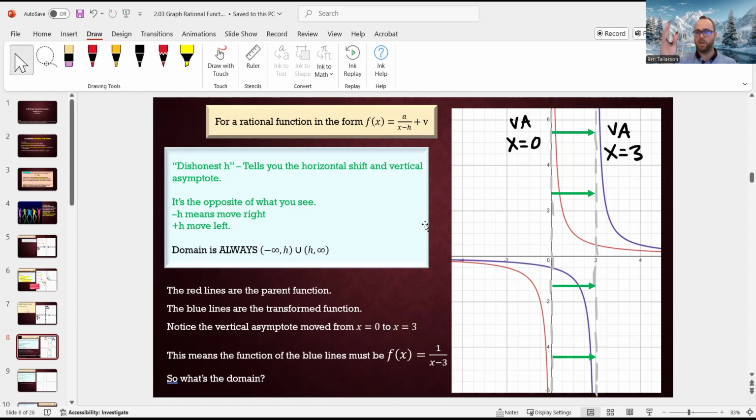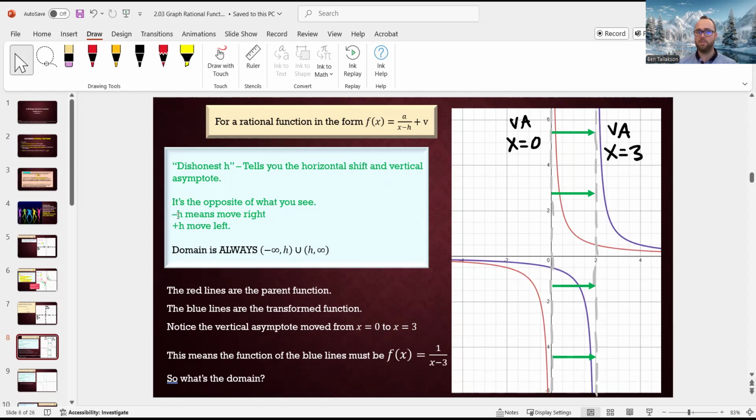Because a vertical line, like this dash gray line here, can only move left and right. It doesn't move up and down because this line goes up forever and down forever. So we're not concerned about that. We care more about, is it moving left or right? And like I said, it's the opposite of what you see.